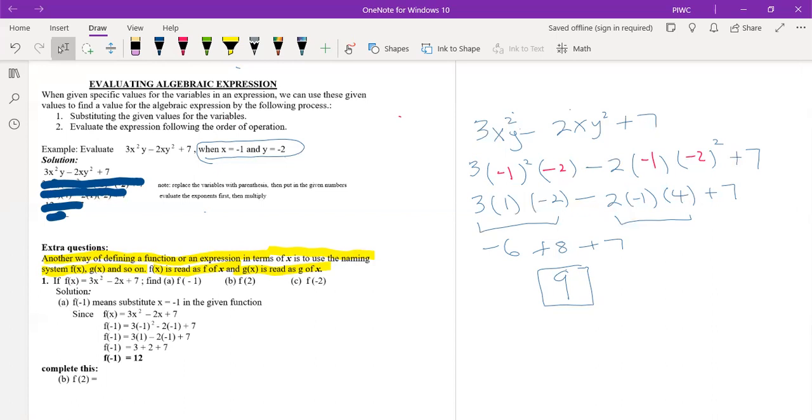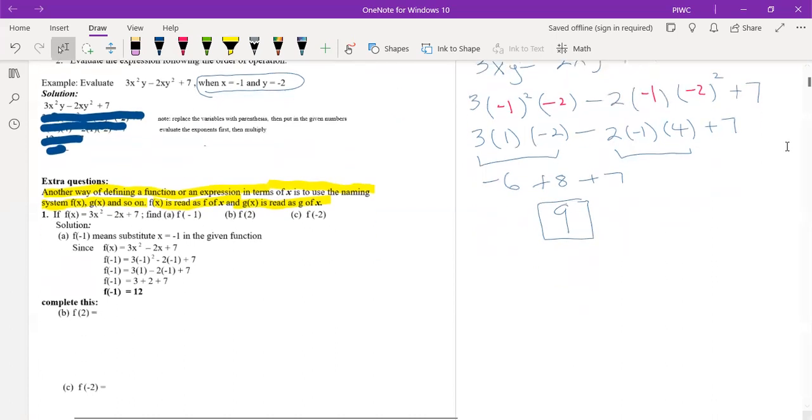So could we have a function where they write something like this? You'll be given f of x is equal to 3x squared minus 2x plus 7, like the problem we just did.